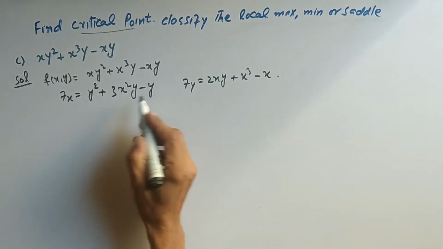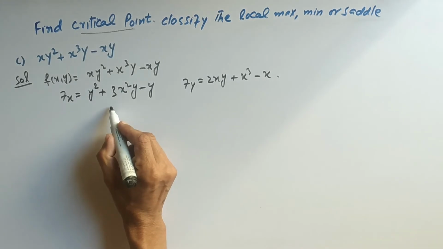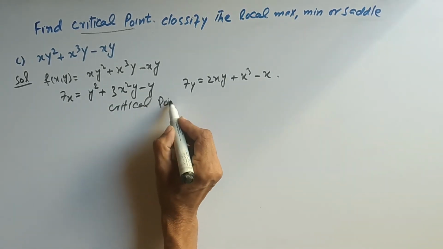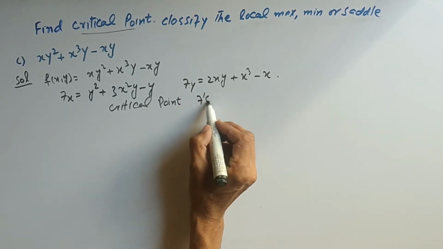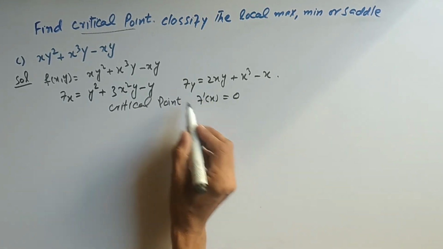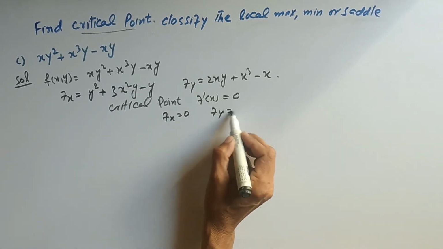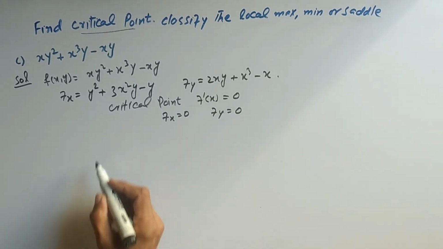Now for the critical point condition, the first derivative is always equal to 0. Means to say f of x equals 0 and f of y also becomes equal to 0.